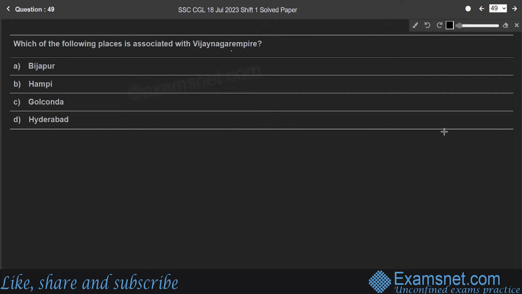Question 49. Which of the following places is associated with the Vijayanagara Empire? Among the four options, Hampi is associated with the Vijayanagara Empire. Option B. So here, students, the Vijayanagara Empire was established in the year 1336 AD.